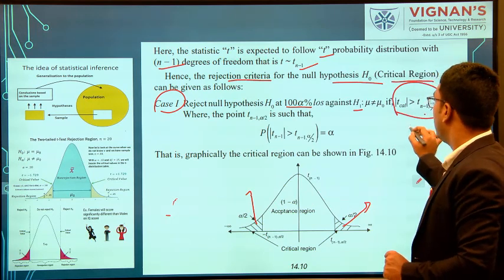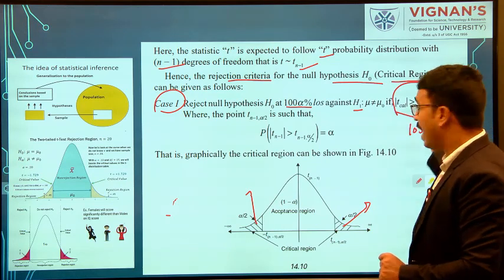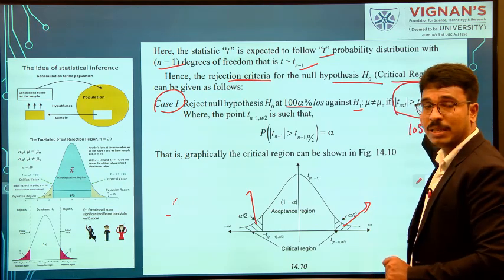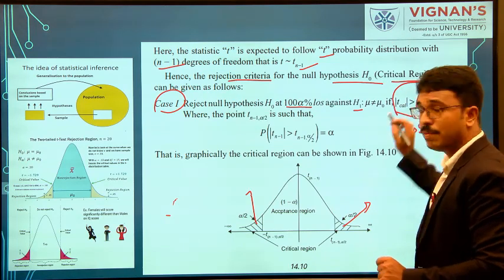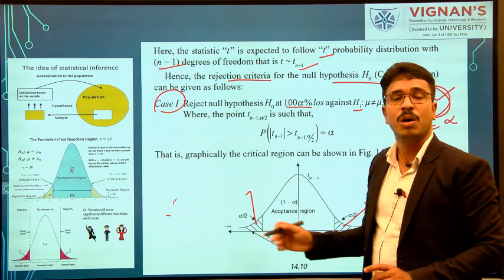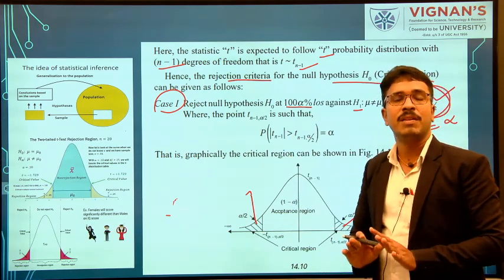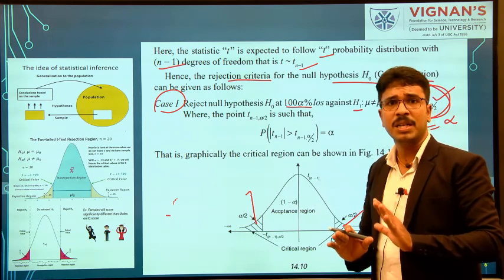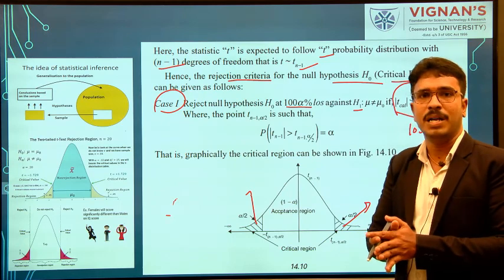Depending upon the level of significance, we take the alpha value, put it here, and look this value up in the table. I will show you how to see the value in the table, and after looking at the value from the table, we have to compare these two values.